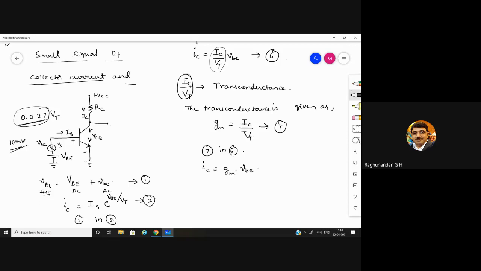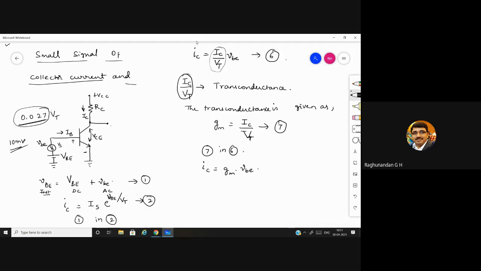Then we substitute for VBE. VBE is equal to capital VBE plus small VBE, and after that we expand the exponential in series and consider the first two terms. Then we obtain IC is equal to capital IC plus IC by VT into VBE.